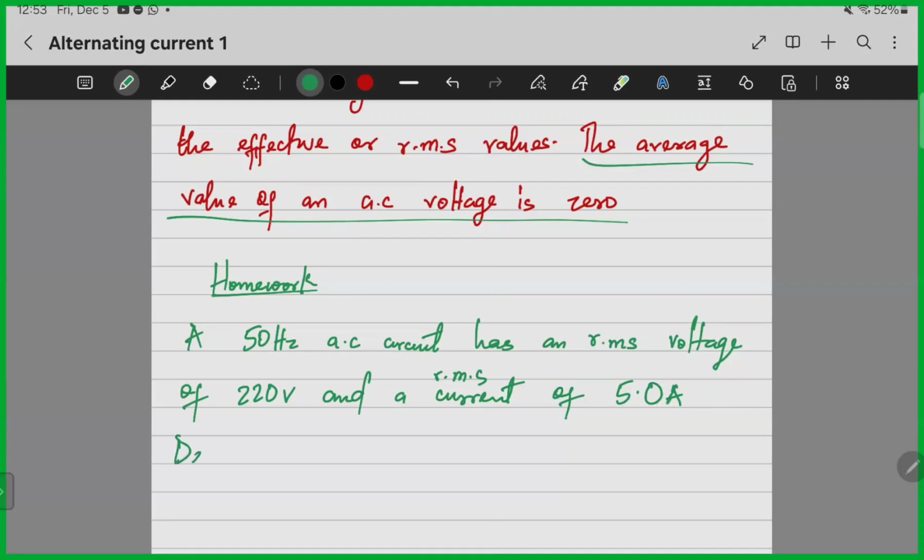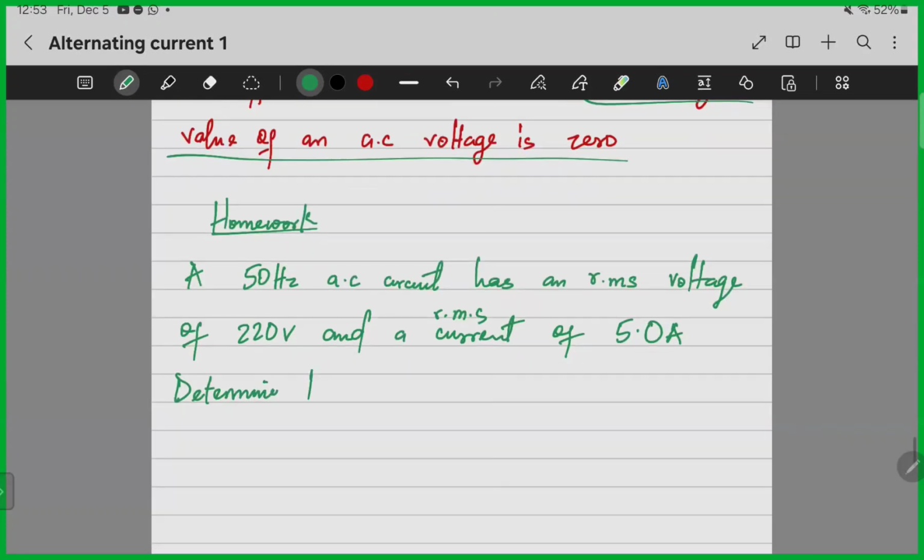Determine the peak values of the voltage and current. So take note of that. We'll meet in our subsequent class.